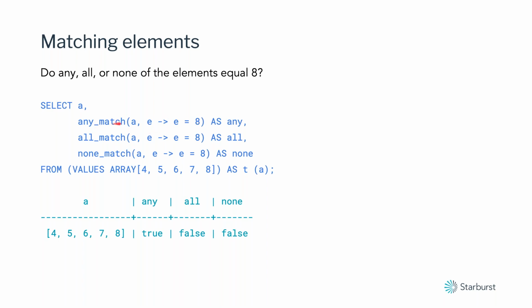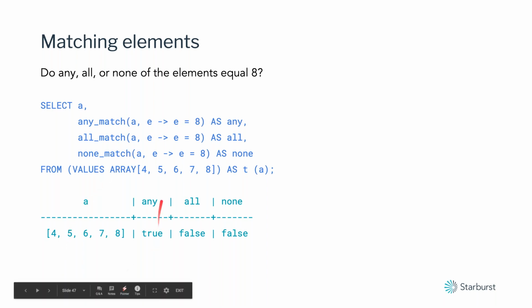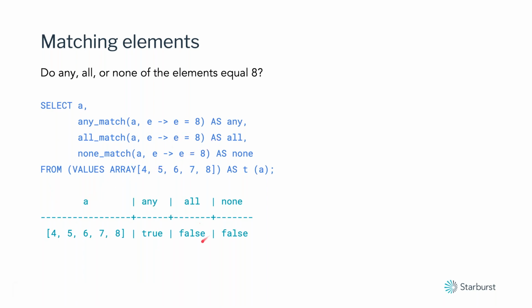So we ask, do any of the elements match 8? And we see that it's true because one of them does. Do all of them match 8? The result is false because there are definitely elements that do not equal 8. And then we can ask, do none of them match 8?